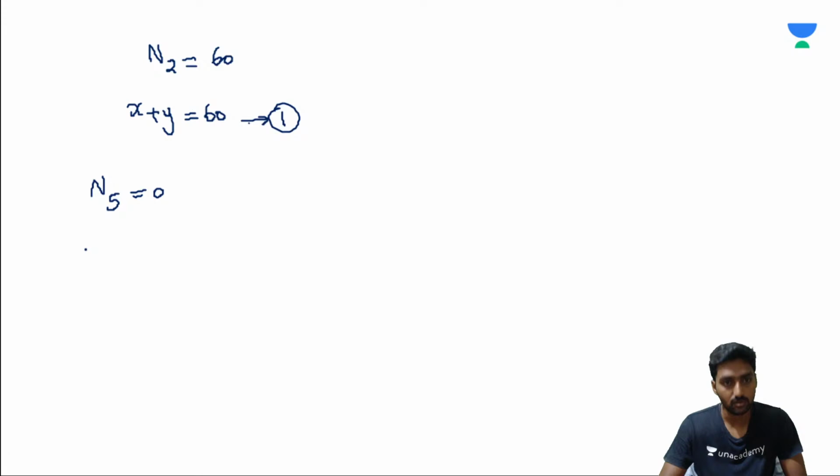Y is equal to 10 rpm. What we need to calculate? We need to identify the shaft 4. N4 is equal to y. It's equal to 10 rpm, plus 10 rpm, counterclockwise direction.